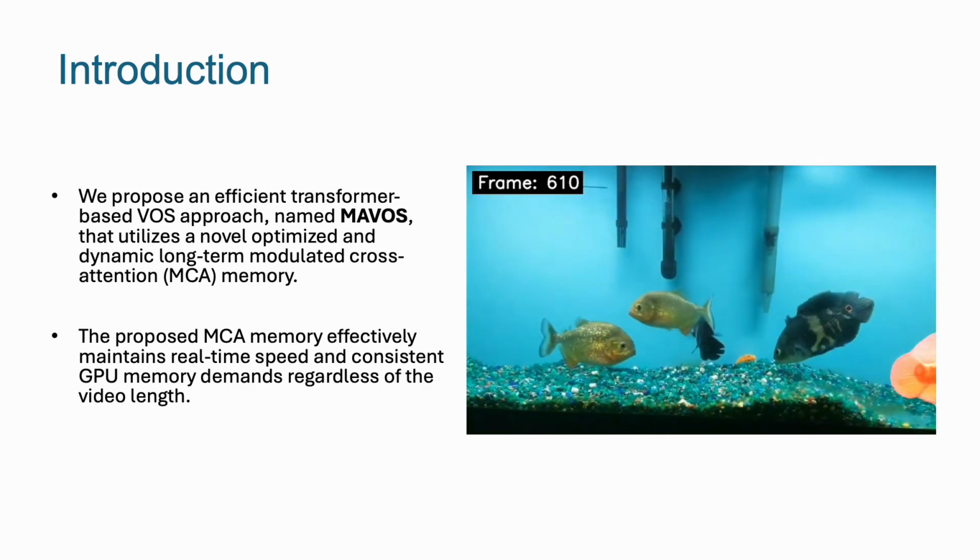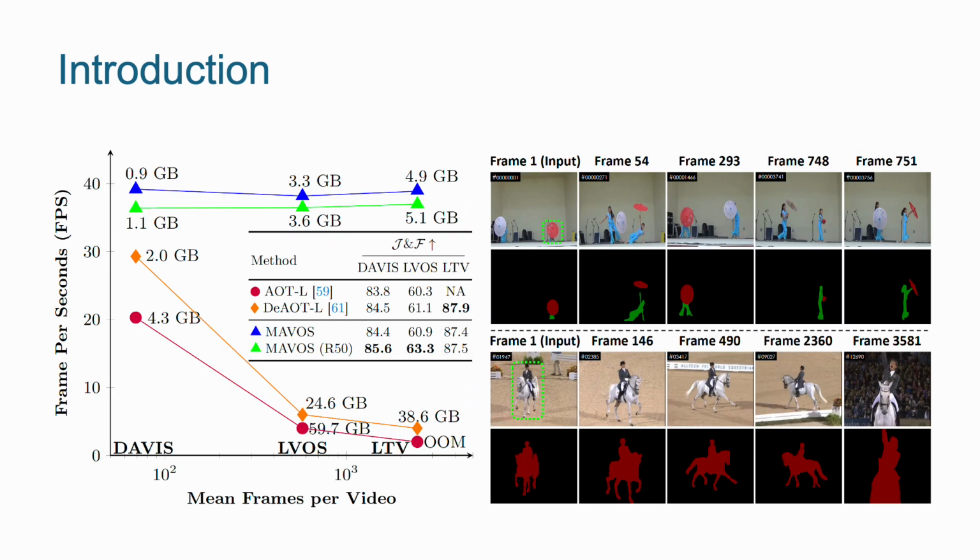the video length. We compare our proposed method with the recent transformer-based methods in terms of FPS and mean frames per video along with GPU memory consumption in gigabytes. Recent transformer-based approaches exhibit a substantial reduction in speed and memory explosion for long videos.